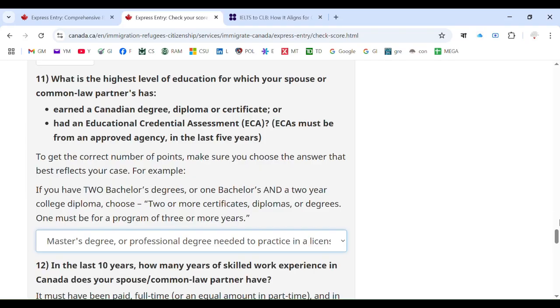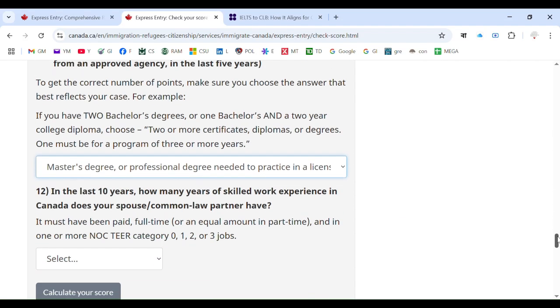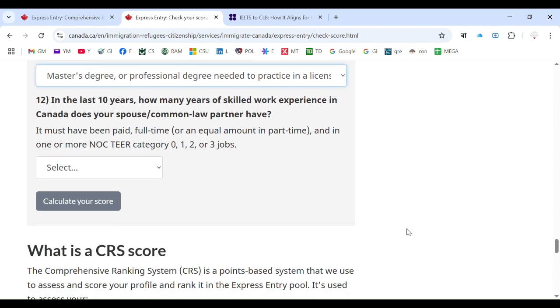But you have to evaluate the credential if it is a foreign degree, okay? And then in the last 10 years, how many years of skilled work experience in Canada does your spouse or common law partner have? So in the last 10 years, if your spouse has worked in Canada, then there will be experience, otherwise none or less than 1 year.